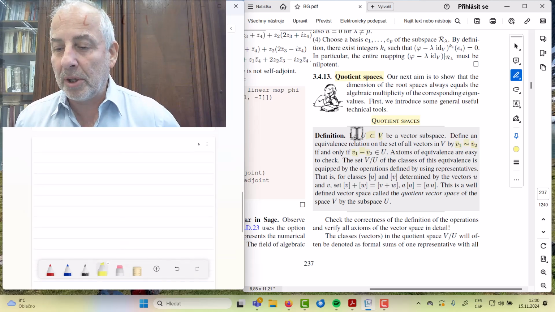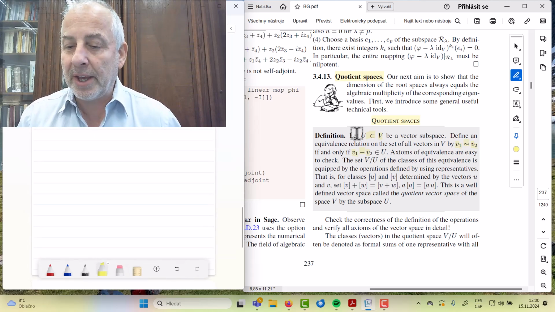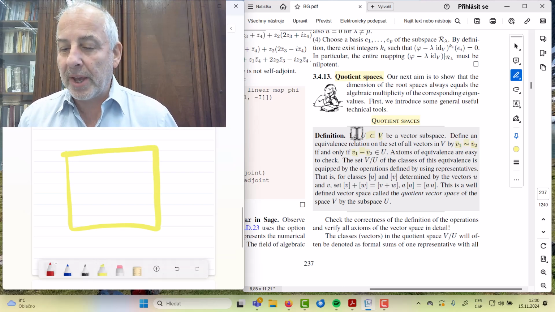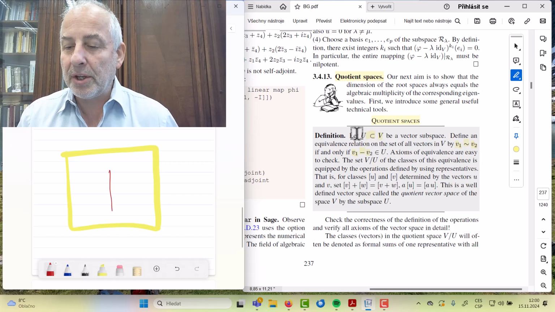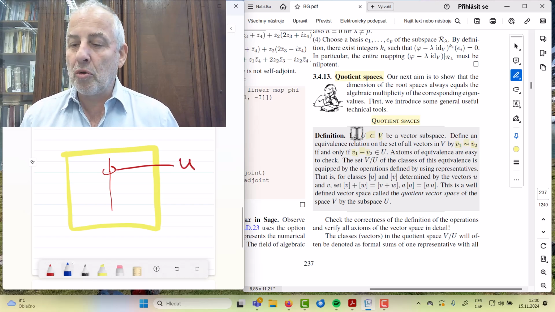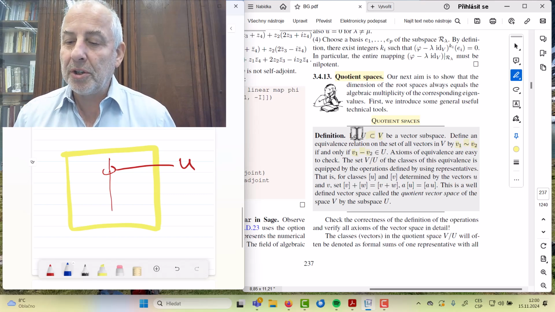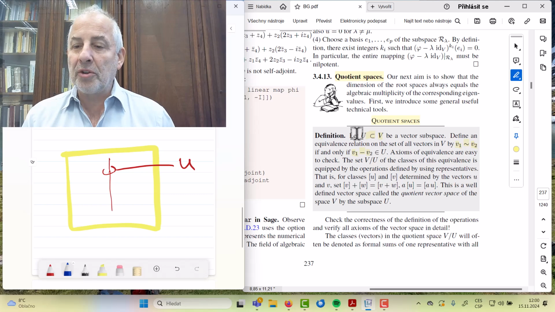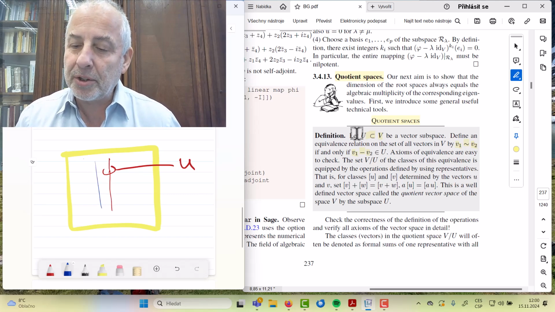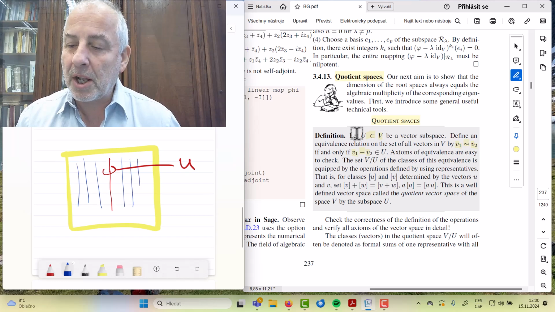So for example, in the real plane, I decide that I would have a subspace like this, so this will be my U. And then, of course, if I want to see whether two vectors differ only by something in U, it means I split the whole plane into parallel lines, right?